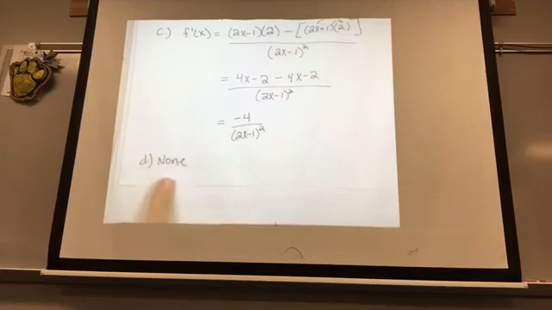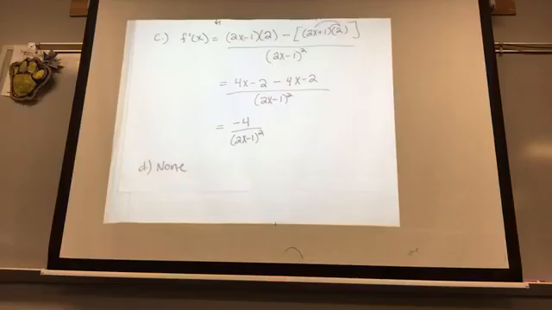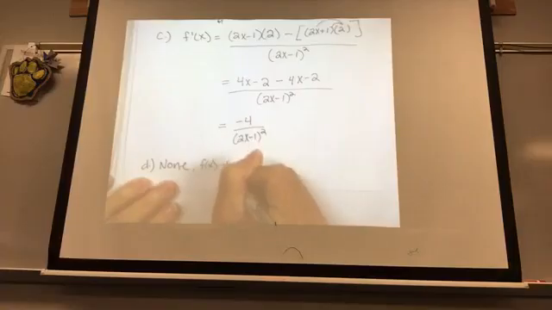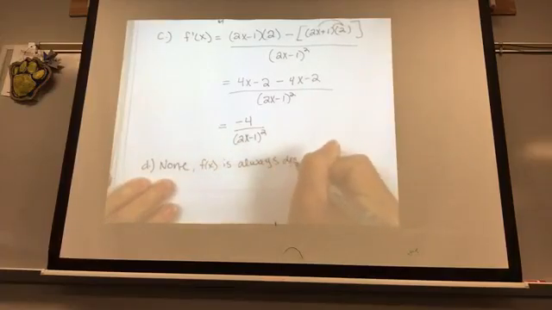So to justify it, we could say using f of x, there's no max or mins because the function's always decreasing. F of x is always decreasing.